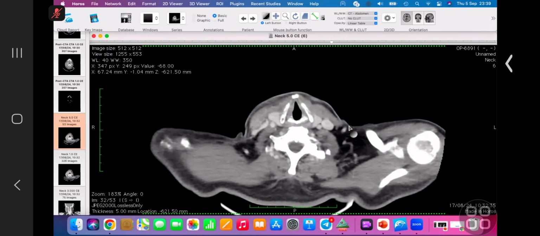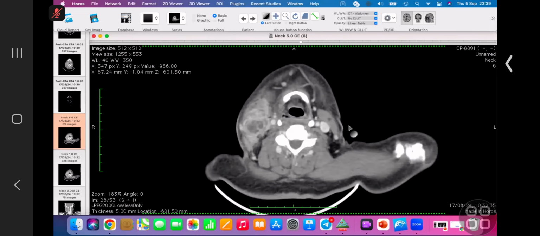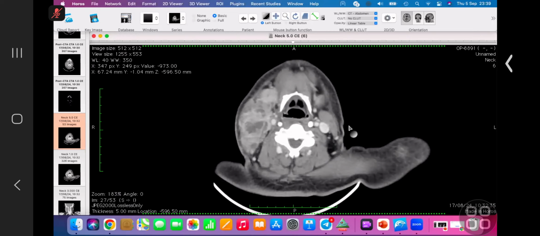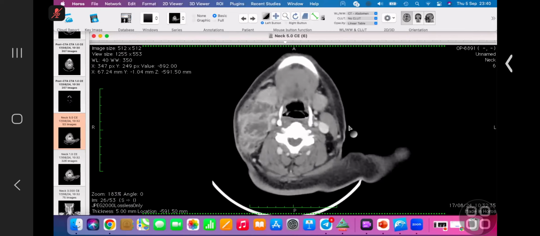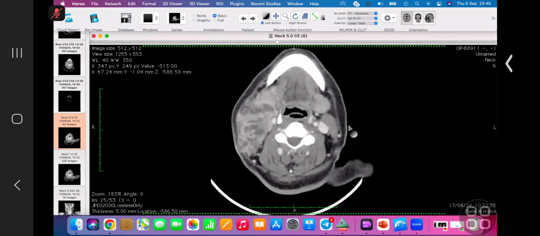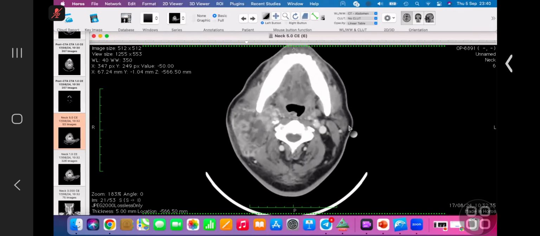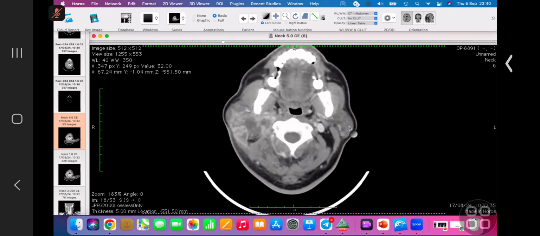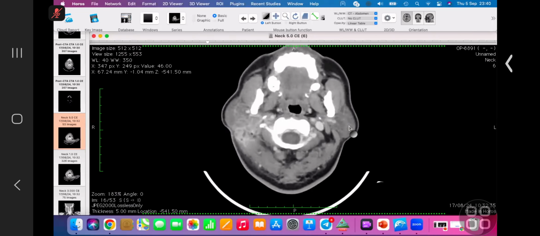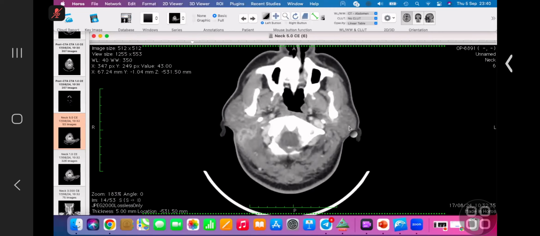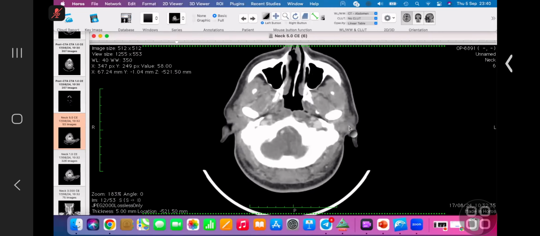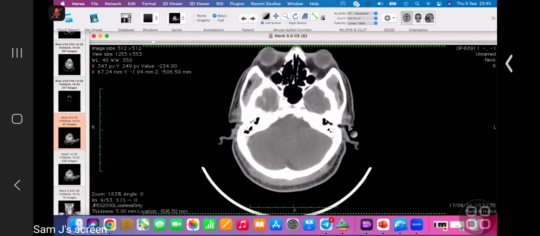I can see a large heterogeneous mass with heterogeneous post-contrast enhancement, and I'm trying to locate its anatomical location. It seems to be centered upon the parotid triangle.